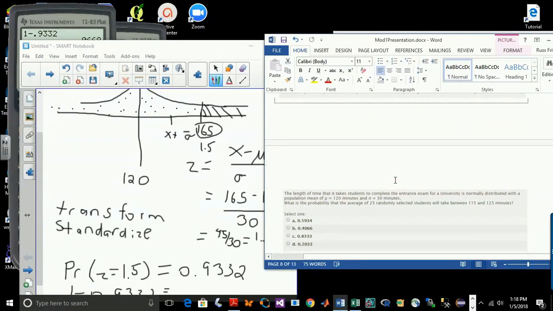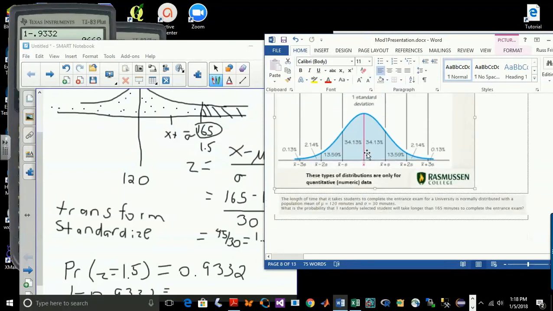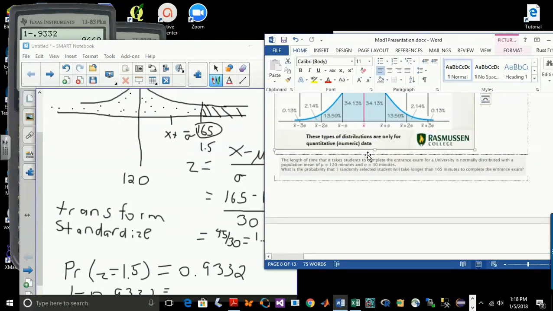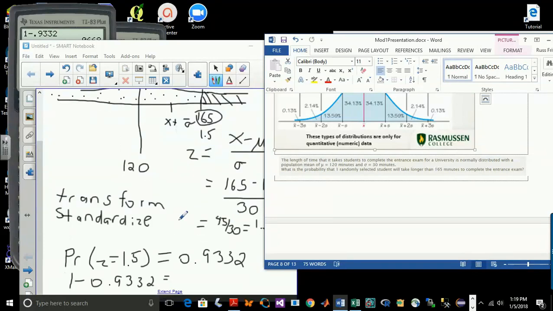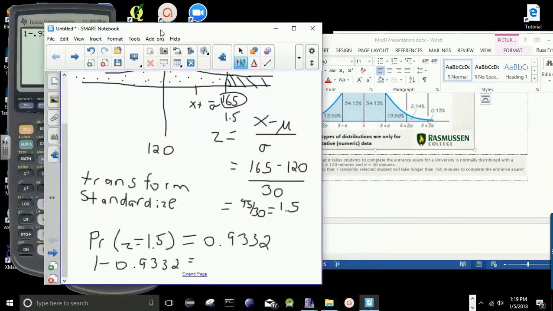So I have 0.0668 as the probability that one randomly selected student will take longer than 165 minutes. Or a 6% chance, 0.0668, or that is what, 6.7% chance. Okay, so let me check if that is in fact correct.